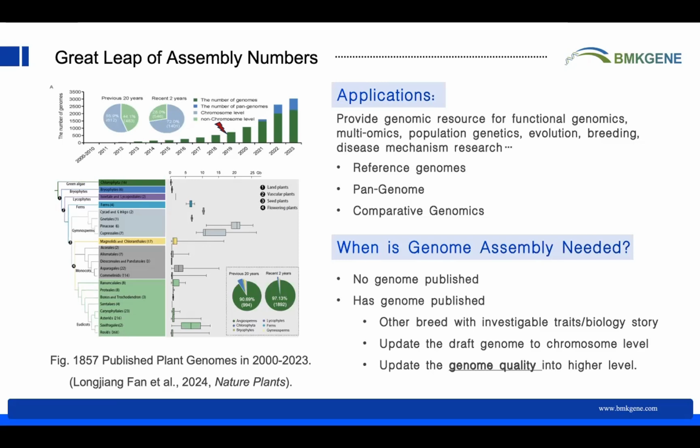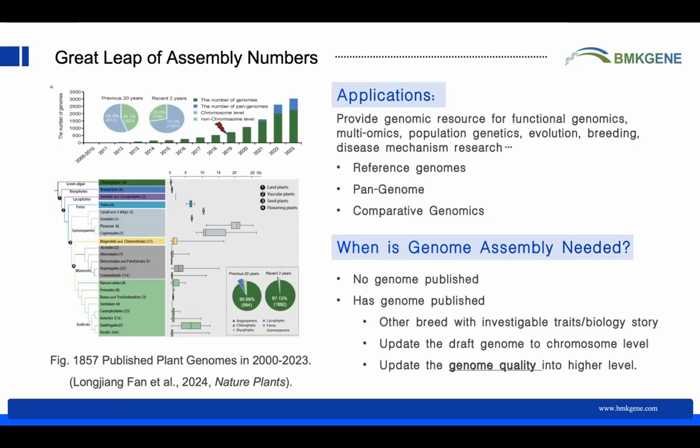Then we can get more comprehensive genetic information of the species, since we know the individuals within the same species will have different genetic information, such as some materials being very disease resistant but others not. So there should be some genetic information difference. So from the pangenome, we can get an overview, a comprehensive understanding of the genetic diversity within a species.